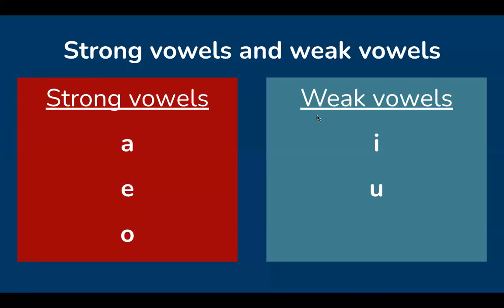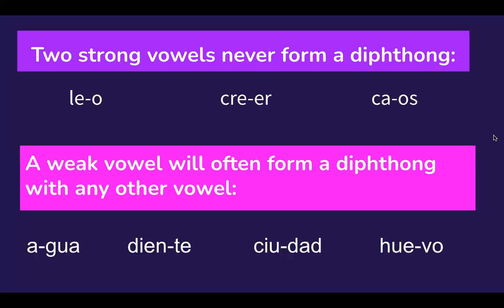In Spanish, there are 3 strong vowels, a, e, and o, and 2 weak vowels, i and u. Two strong vowels never form a diphthong.